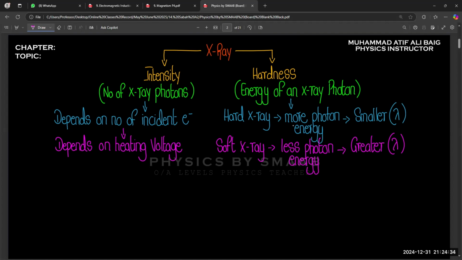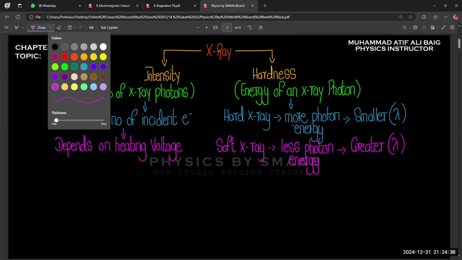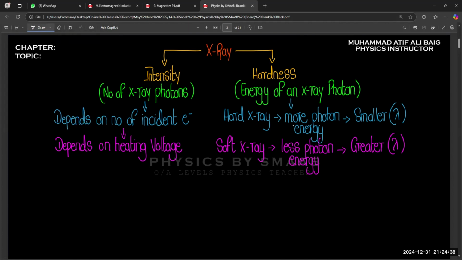Okay, got that. And one more thing: if the heating voltage increases, the intensity of X-ray increases.